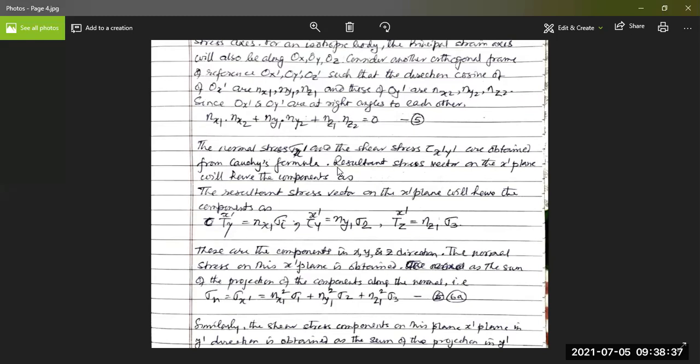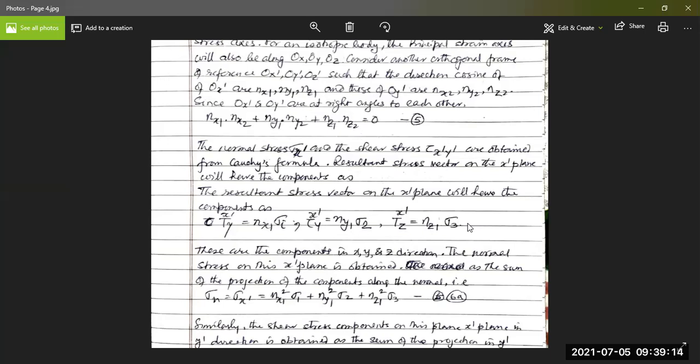So the resultant stress vector on the x dash plane will have the components Tx dash equal to nx sigma 1, ny sigma 2, nz sigma 3, which means we have three principal stresses, where sigma 1 is along OX, sigma 2 is along OY, and sigma 3 is along OZ itself.